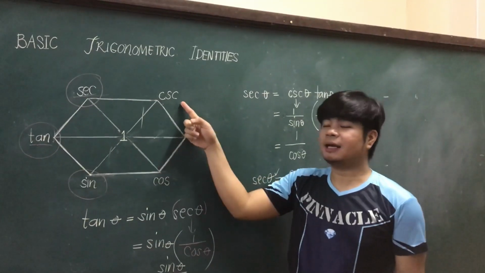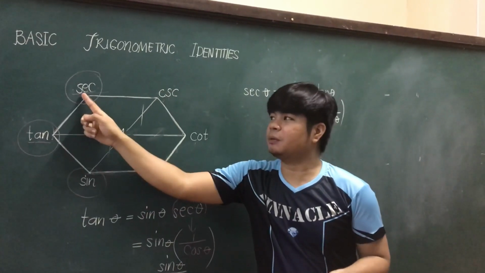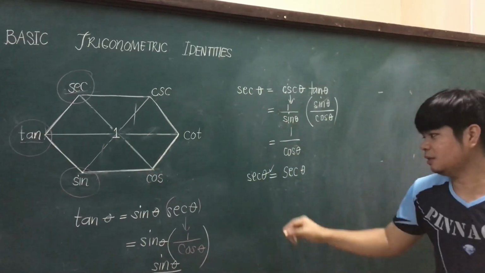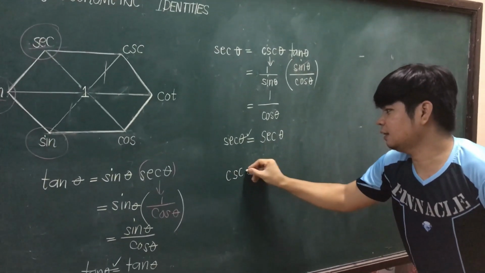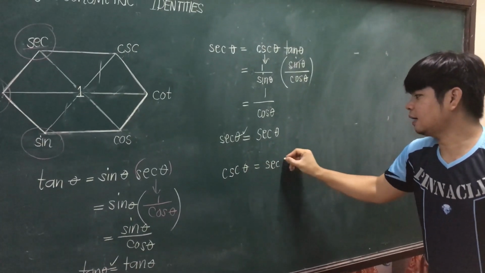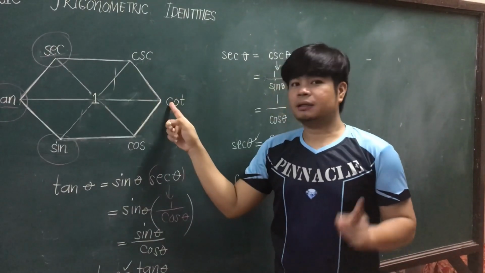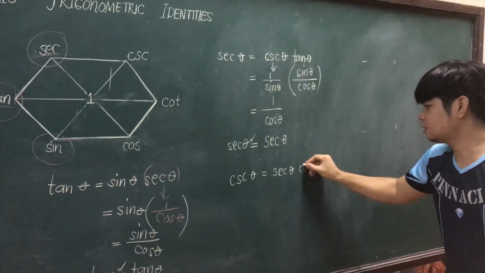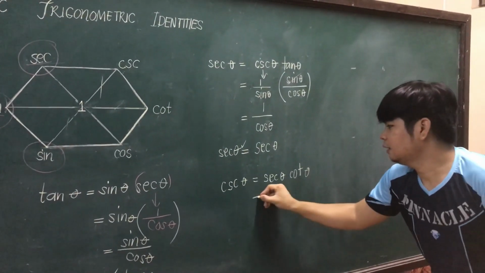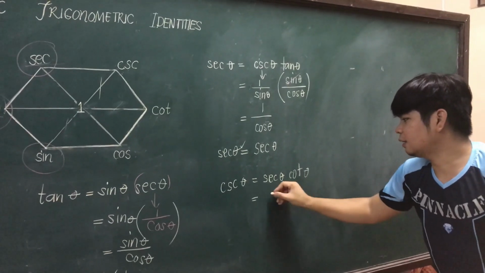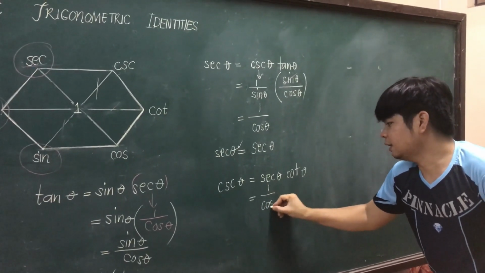So what about cosecant theta? Let's prove if that is a product of secant theta and cotangent theta. So we have cosecant theta is equal to the product of secant theta and the other adjacent function, cotangent theta. Okay, so secant theta here is 1 over cosine theta.